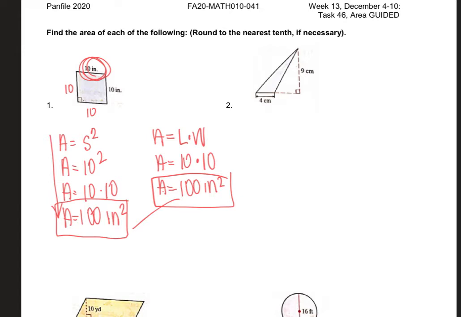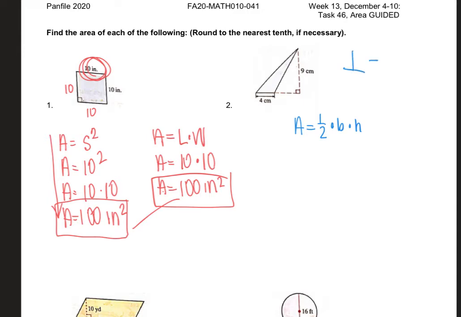All right, so number 2 is a triangle, but it's kind of an odd one straight off the bat, because for a triangle, we need 1/2 times the base times the height. Well, for this one, the height is on the outside. The height, you can't look at a diagonal line. You have to look at the line that's perpendicular to the base.